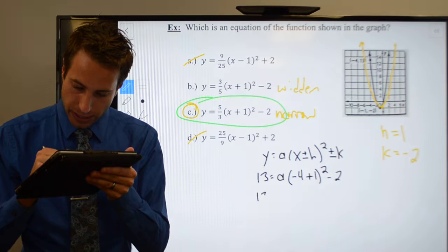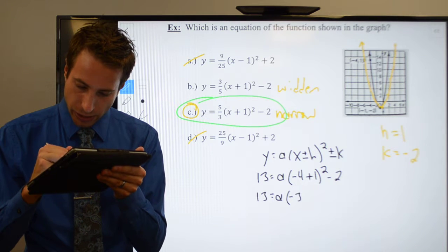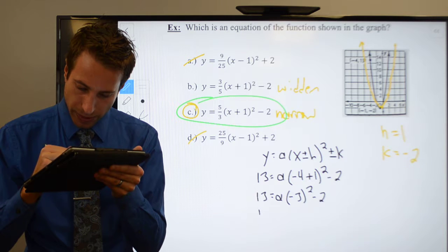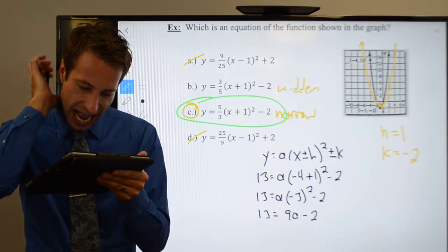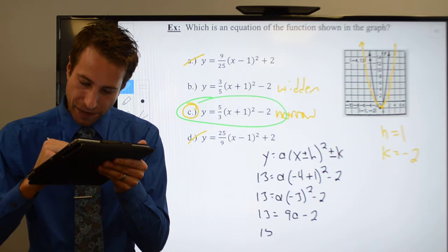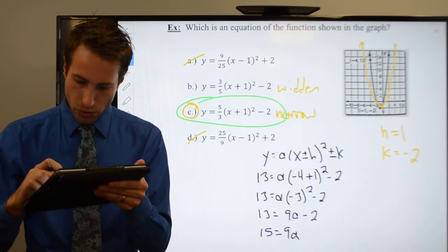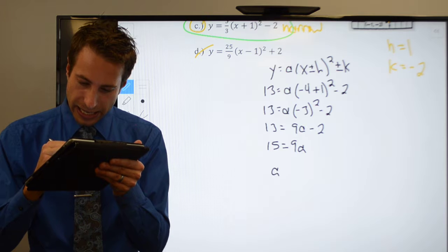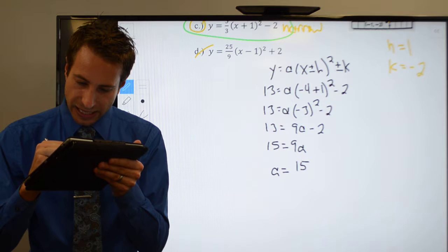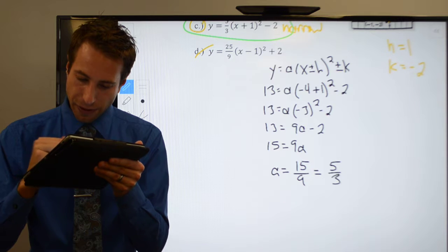That's going to be 13 is equal to a. Let's see, I'm going to have a minus 3, which I'll square, minus 2, which means I have 13 is equal to 9a minus 2. Add the 2 to the other side, I get 15 is equal to 9a, which means a is equal to 15 divided by 9, which reduces to 5/3.